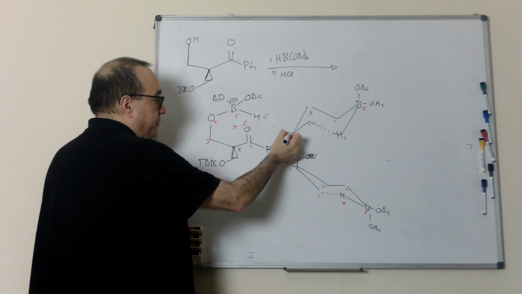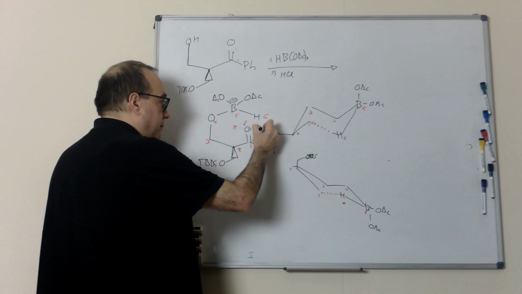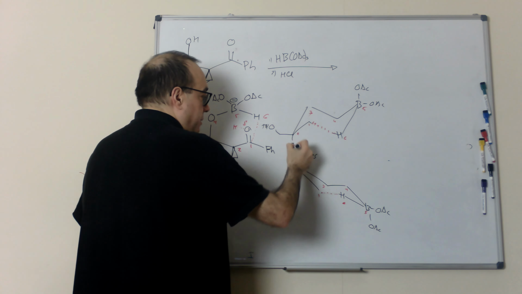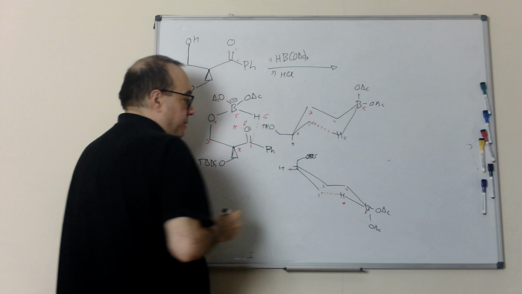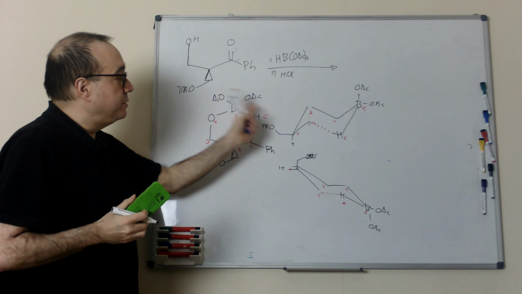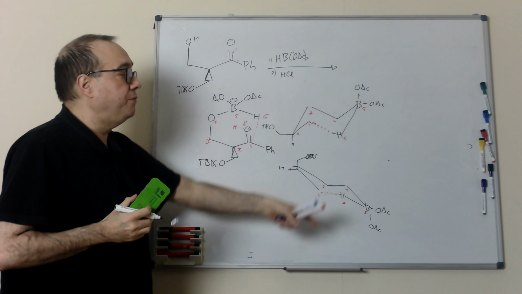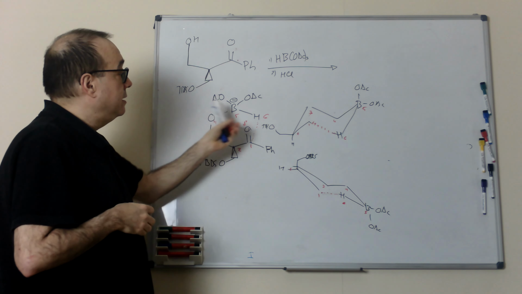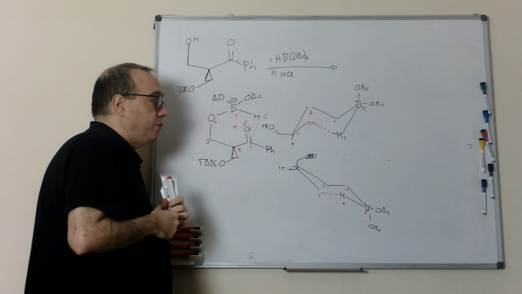And if this is up, here we will have the hydrogen and the hydrogen. Okay, these are the 2 structures, the 2 conformers of the 6-membered transition state in its chair conformation.